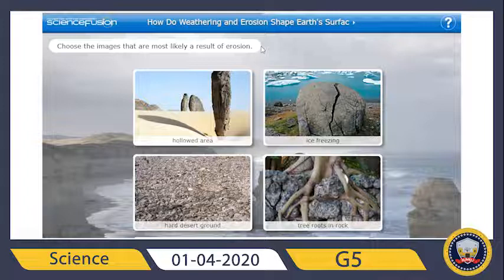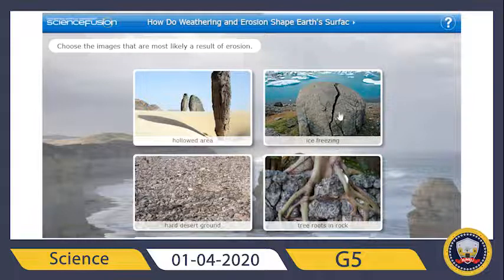It is taking the surface layer of the soil or the surface layer of the rock, and it is turning rock into another shape, or sometimes it is moving away the fertile soil and creating a hard desert ground.